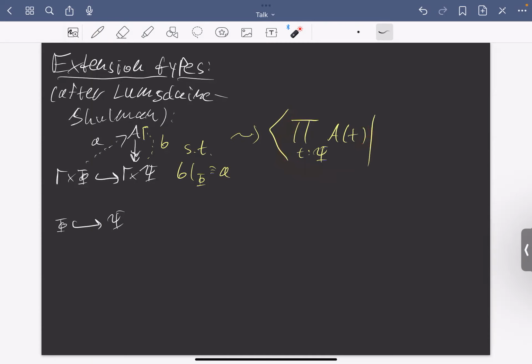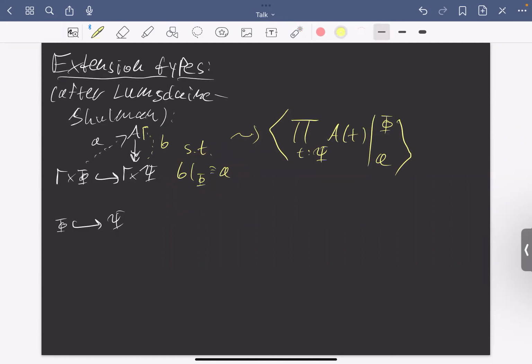So it's a total section of the whole family, such that on phi, it coincides with A. And by coincide, I mean being judgmentally equal to A.